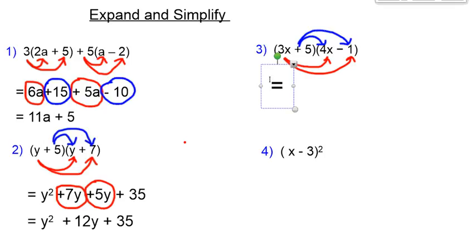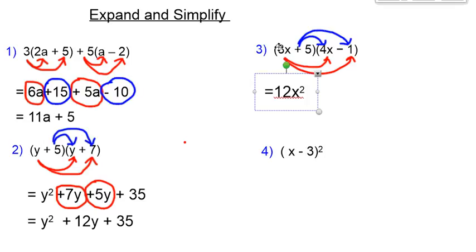So we will have 3x times 4x. We're doing the first arrow here. 3 times 4 is 12. X times x is x squared. Don't forget. That's another common error question in the exam. X squared.